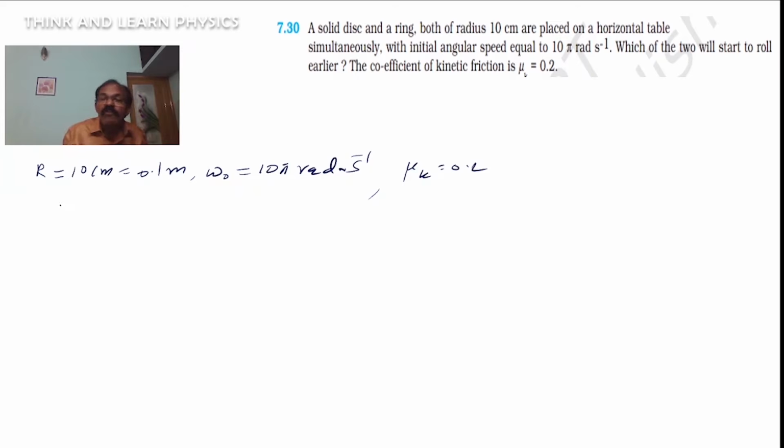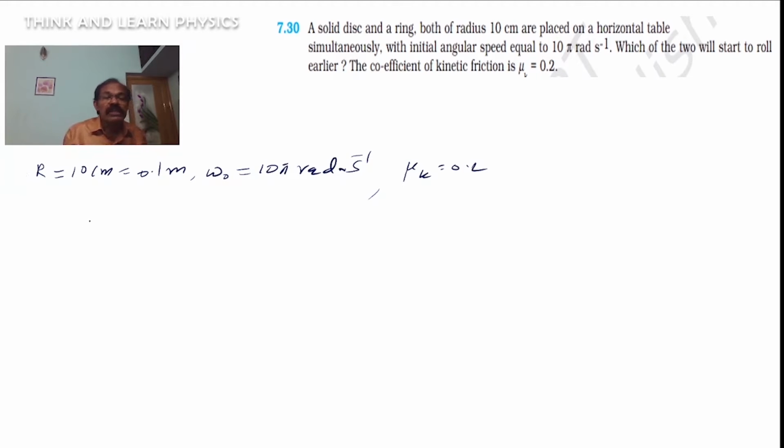Now, when the disc or the ring is placed on the table with the initial angular speed omega naught equals 10 pi radians per second, the force of friction comes into play, and as a result, the initial angular speed omega naught decreases and it may become another angular speed omega.